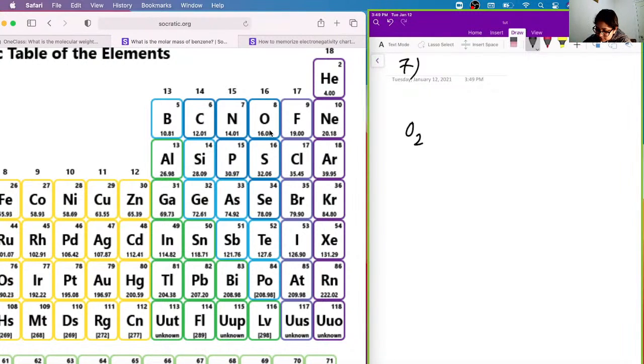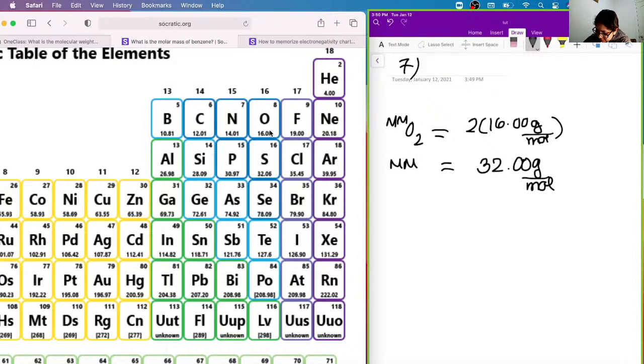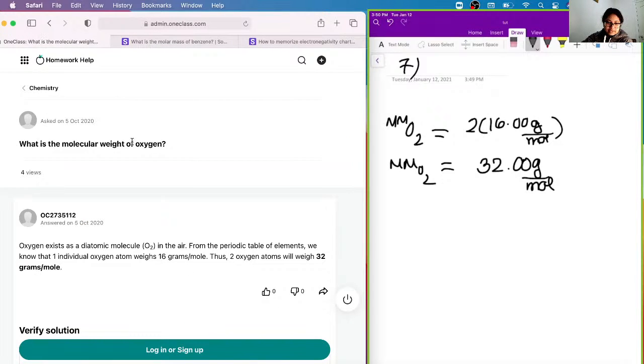So the molar mass of O2 is equal to 2 times 16 grams per mole. And so this is 32.00 grams. So the molar mass of O2, or diatomic oxygen here, is 32.00 grams per mole. Okay.